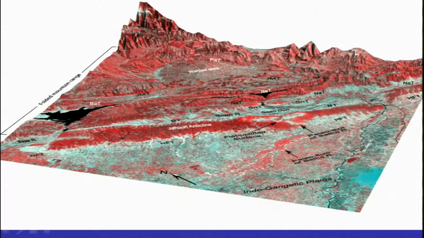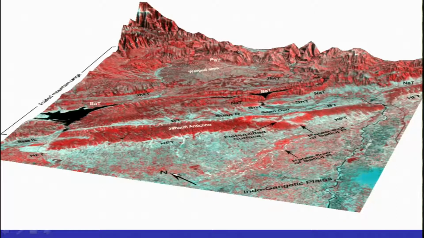Okay. You have the Indo-Gangetic plain, and the data which we used was SRTM data, Shuttle Radar Topography Mission data, and Landsat data, and we generated this 3D perspective view.